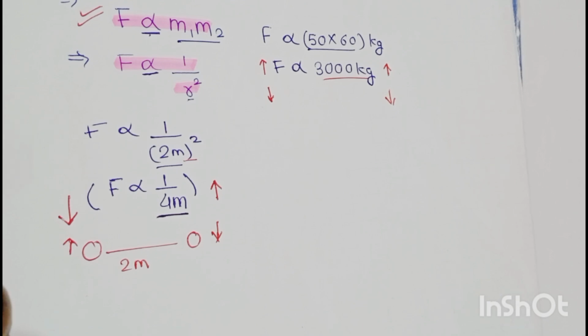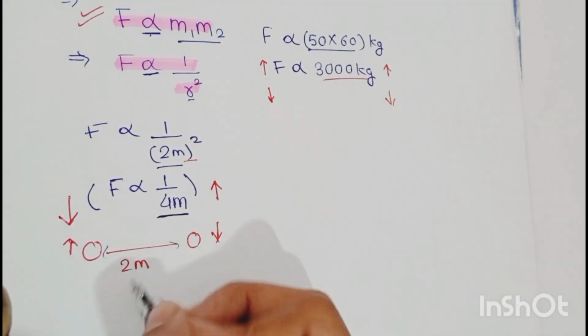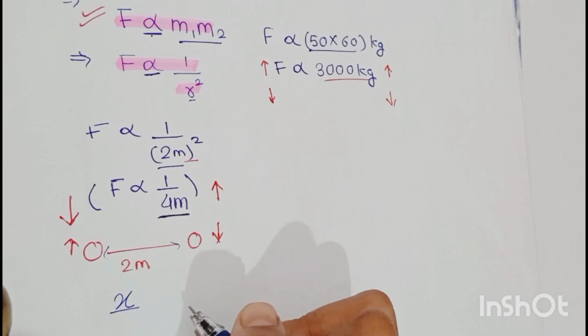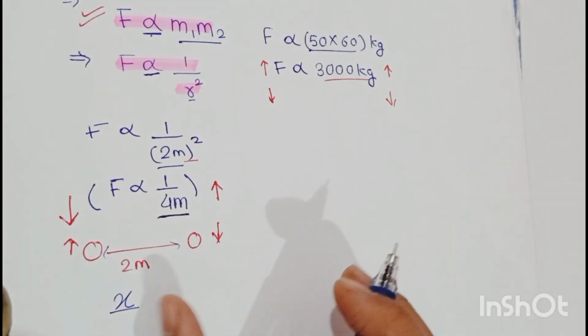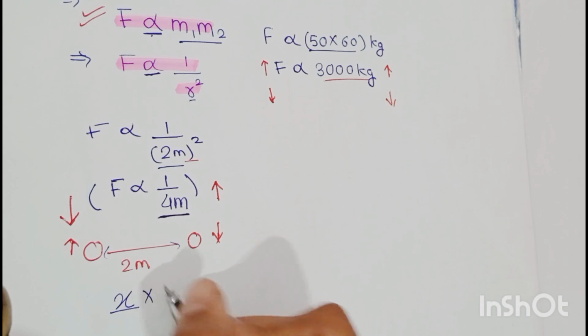You can find it using one formula, but we will learn that formula later in this video. So at 2 meter, let's say the force is some x. As the distance increases, that force will decrease to x into 1 upon 4.